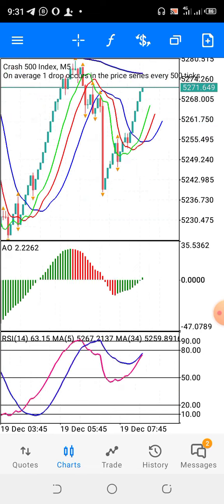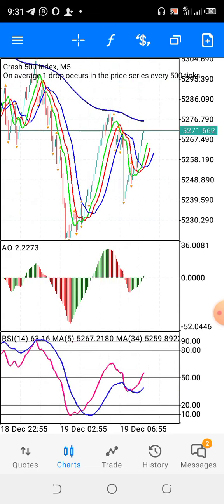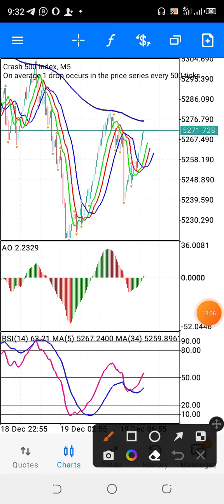Anything that is above the 200 moving average is about to enter an uptrend. All right, it's about to enter uptrend. So you cannot be expecting what has crossed the 200 moving average to be your downtrend.